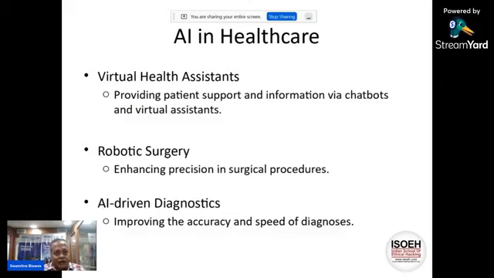Maybe the hand will tremble a little bit for a millisecond. Maybe the incision will be 1 millimeter longer, and that might cost a patient his or her life.